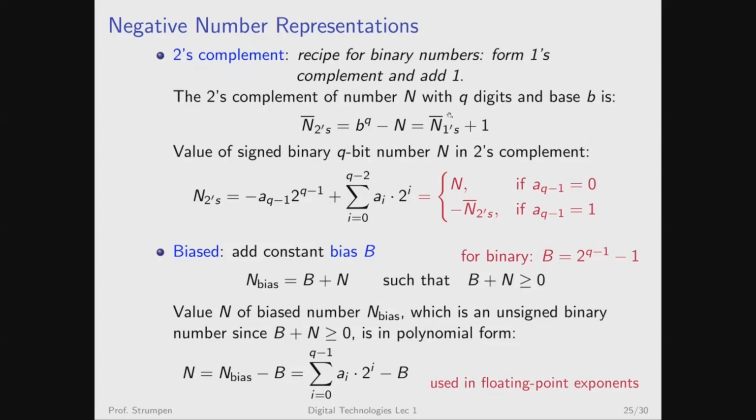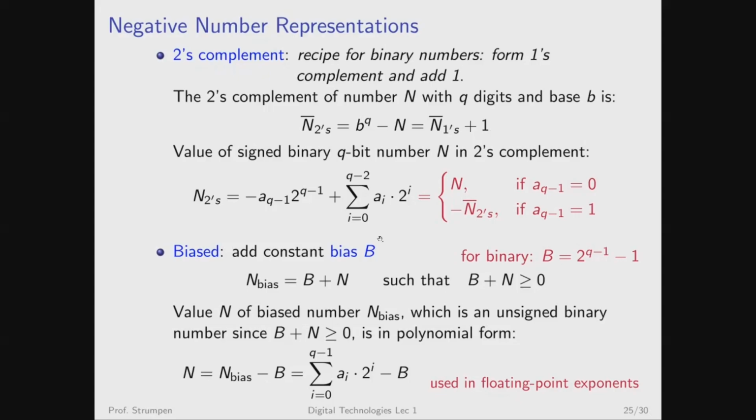If we use this definition, we can interpret a number N as positive or negative by looking at the most significant bit, the sign bit again. And if the sign bit is 0, we interpret the number as a positive number, N. And if the sign bit is 1, then we interpret the number as a negative number whose magnitude is the 2's complement, and the 2's complement is the 1's complement plus 1.